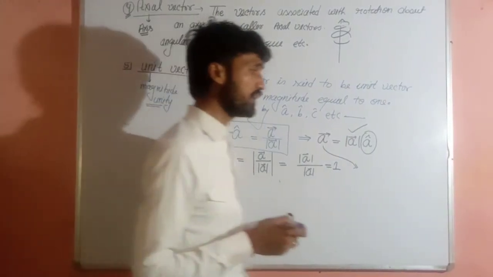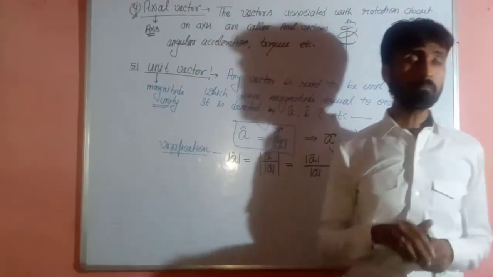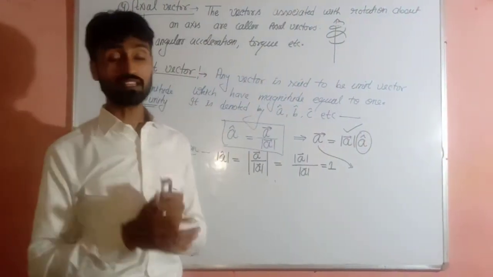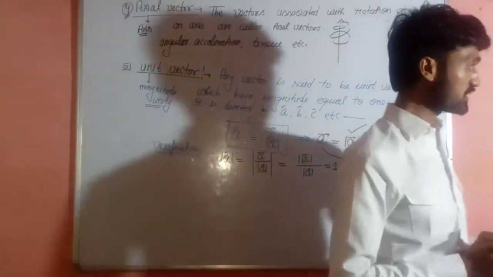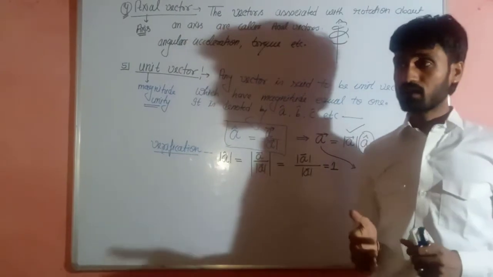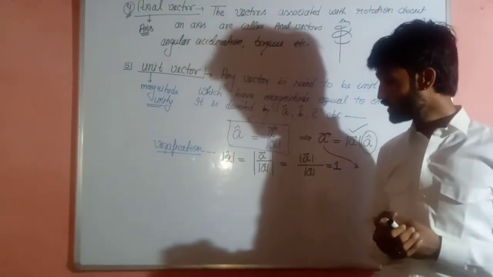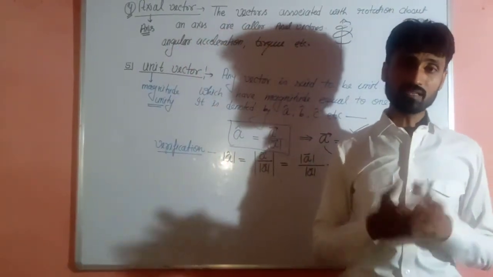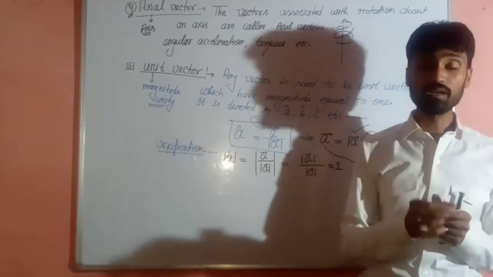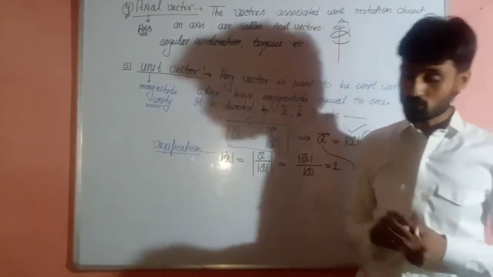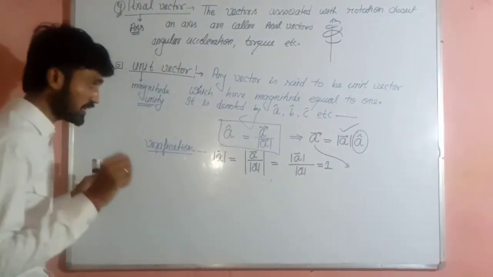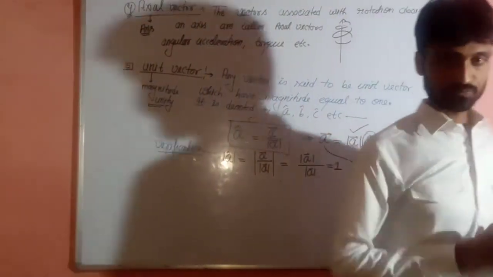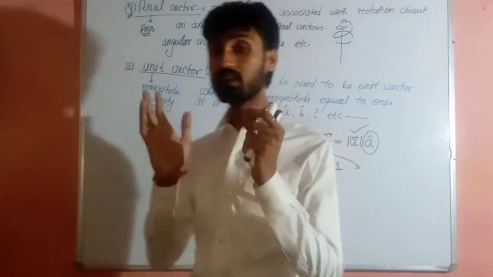You know very well that in real space we have a maximum of 3 directions. So to solve problems of real space, we require only 3 unit vectors. For this we define 3 unit vectors along the x axis, y axis and z axis, which are denoted by i cap, j cap and k cap.